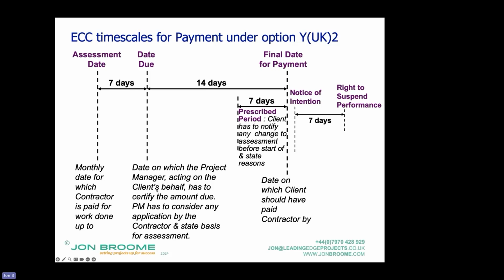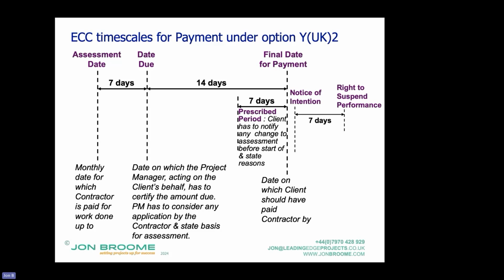Just slightly broader context. The project manager has to consider any application by the contractor and state the basis for an assessment. A wise project manager would also state why they're not paying what the contractor applied for, if that's the case. So you applied for £100,000 because you said you had completed 10 activities worth £10,000.